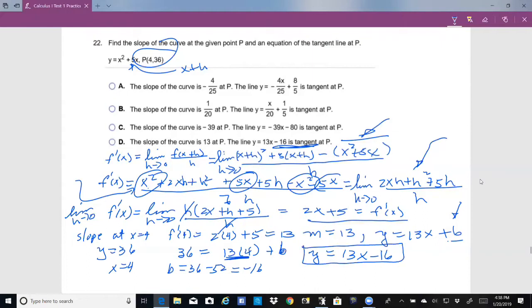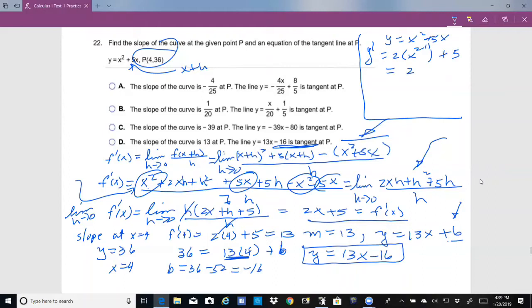And as we said, the slope is 13. Now, we've already talked about and hinted at what the derivative of a polynomial is. A really simple way to work this is to look forward to the derivative: if y equals x squared plus 5x, then y prime is equal to 2 times x to the 2 minus 1 plus 5.